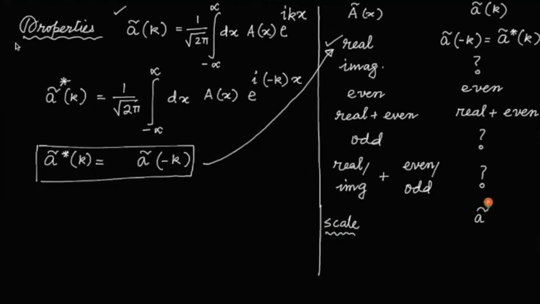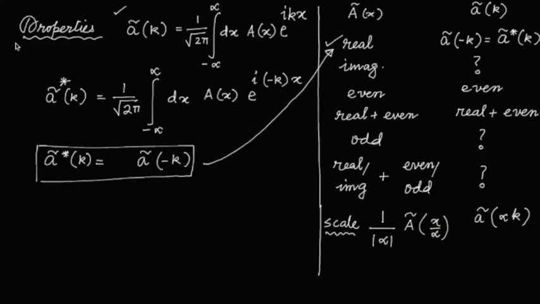Instead of at k, I know it at some alpha times k, where alpha is a constant. Okay. Here, what I will have is 1 by mod of alpha a tilde of x by alpha. So these two will be related by Fourier transform.